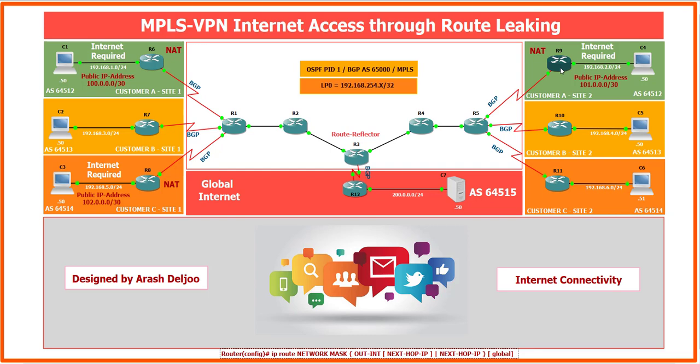We need to configure NAT in the CE routers to be able to send and receive traffic from the internet. Because of that, here we have another difference between these three sites and the other three sites.